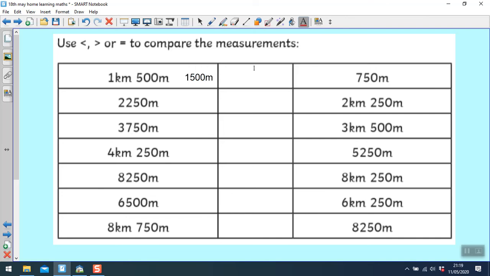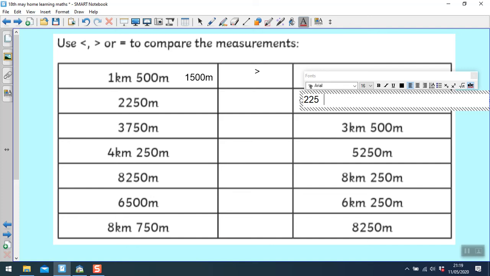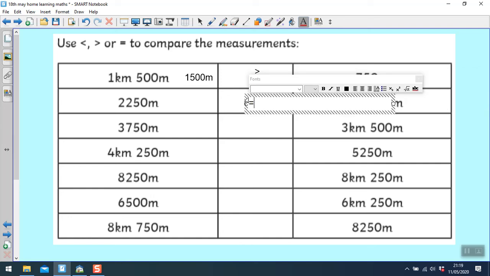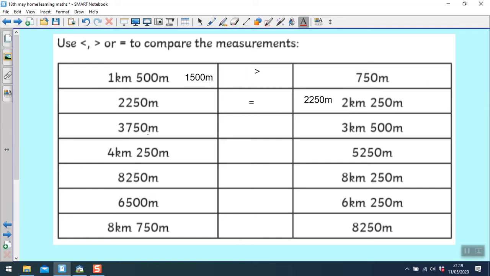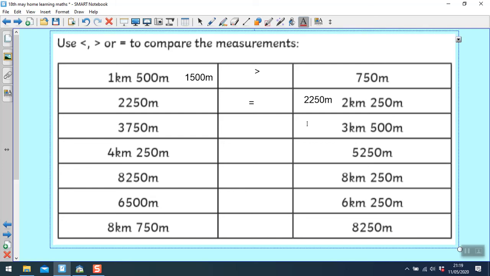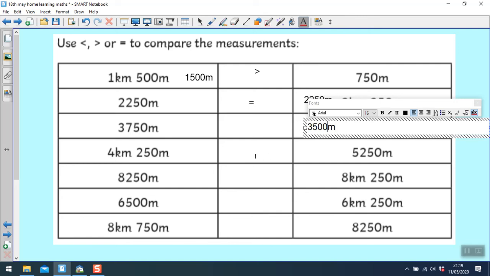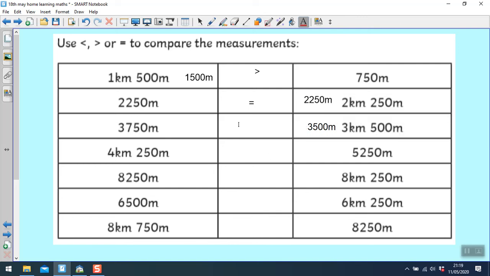That's bigger than 750, so we're going to go this way. 2,250, 2 kilometres 250. 2 kilometres is 2,000 plus 250 is 2,250. And look, they are the same, so I need an equal sign. 3,750, 3 kilometres 500. This is 3,000 plus your 500 is 3,500. 3,750 is bigger. So my crocodile, my open mouth, will be pointing towards the bigger one.